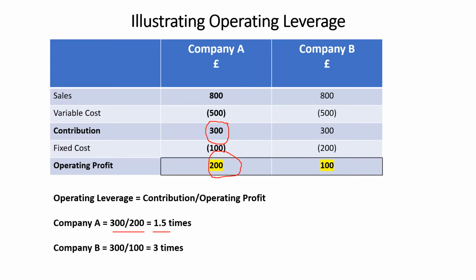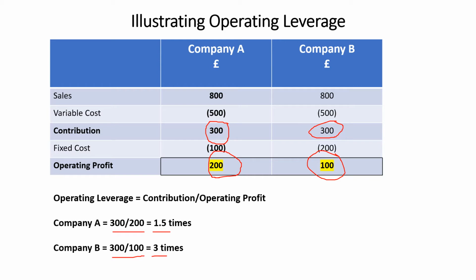Company B has a contribution of £300 and an operating profit of £100. So the operating leverage for Company B is calculated as 300 divided by 100, which gives us 3 times. Now, based on the figures, the company which has the higher operating leverage is Company B.